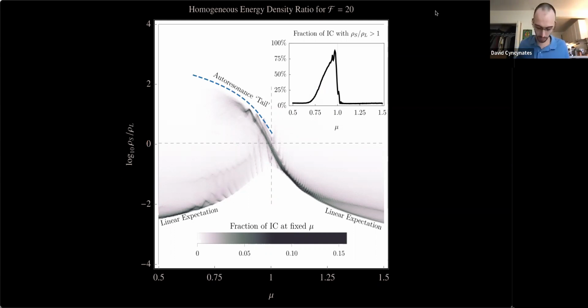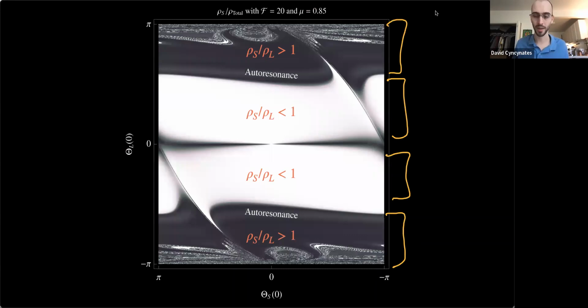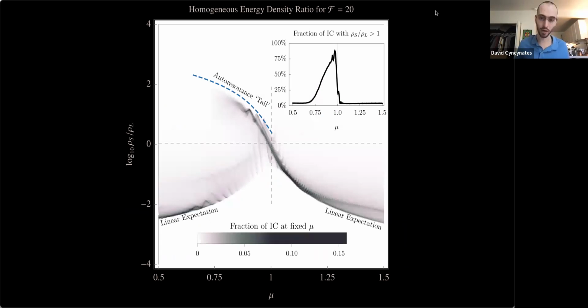And on the horizontal axis, we're plotting the mass ratio. Each vertical strip of this plot should be thought of as a histogram over the space of initial conditions of the long and short axions. In other words, we take this plot at a particular mu, and we count the number of pixels in this plot that correspond to a final energy density ratio. And we color this plot darker at that particular final energy density ratio.